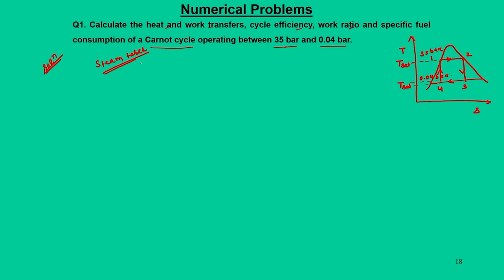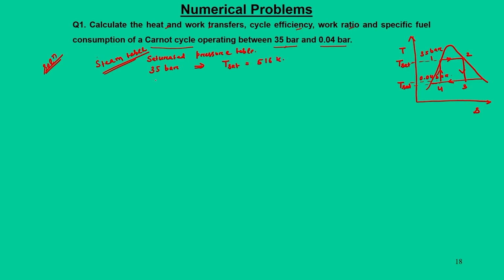Let us recall that from the steam table you refer to the saturated pressure table. At 35 bar, T saturated will be 516 Kelvin.